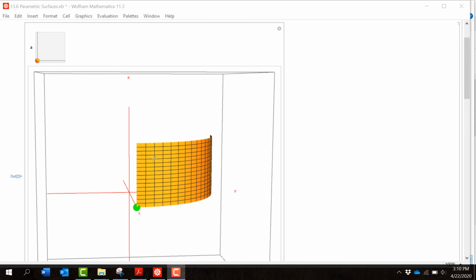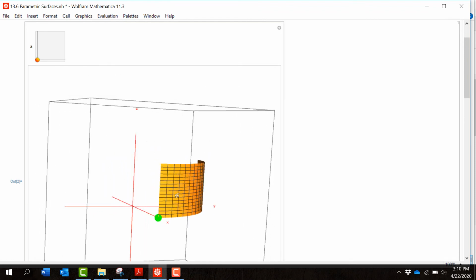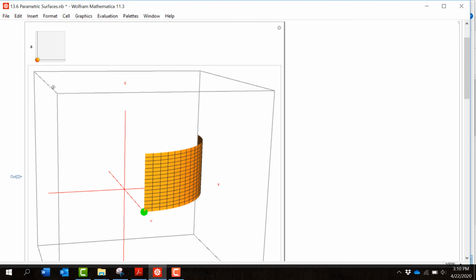All right, so we got Mathematica up, and here is the piece of the cylinder that we just worked out by hand. And I wanted to show you what happens if you think about this little grid over here being the theta z plane, what we think of as the UV plane. So I'm going to think about theta as my horizontal axis and z as my vertical axis.